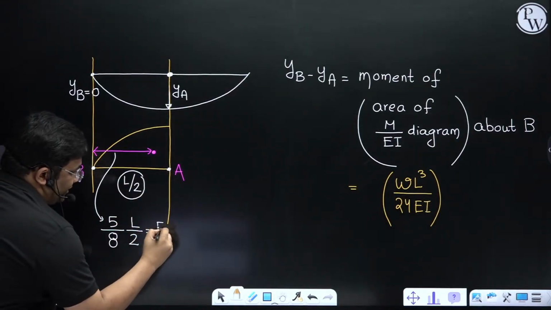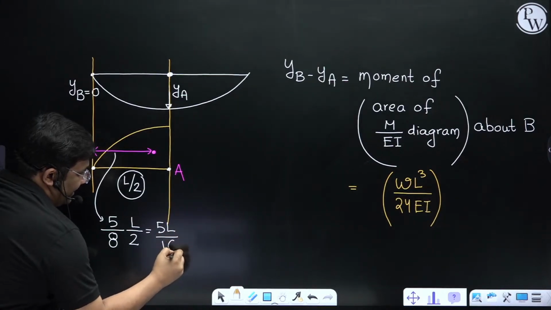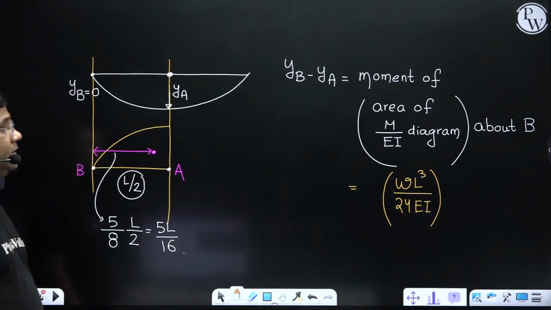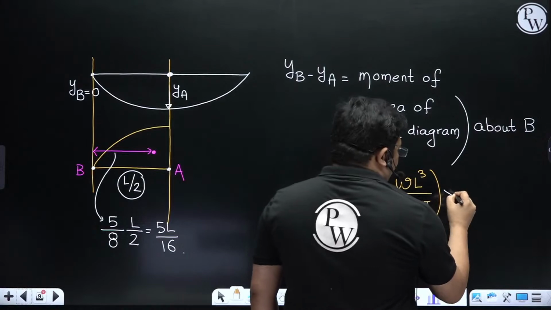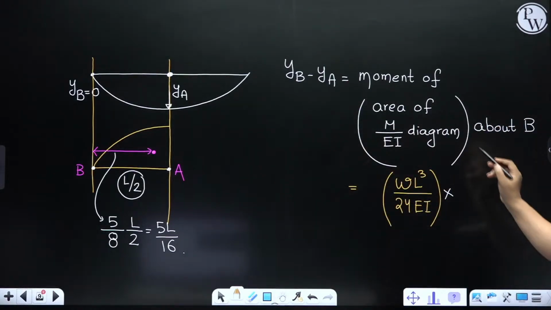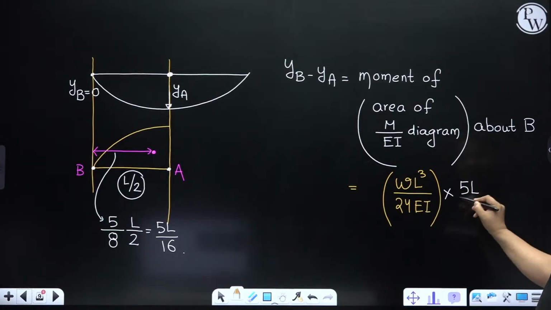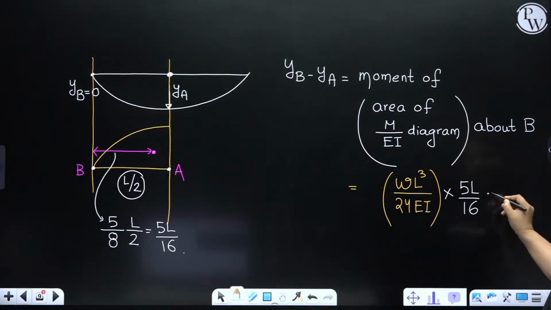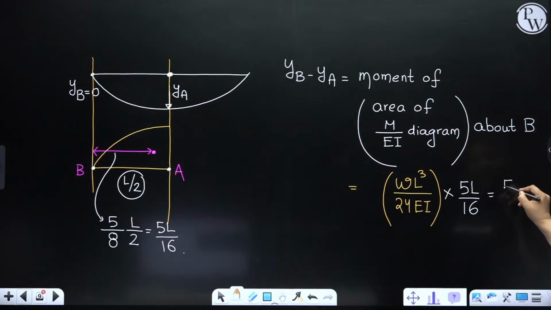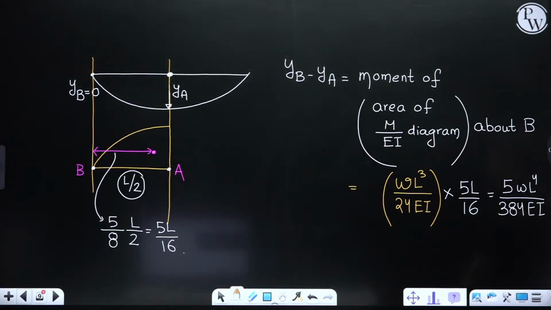So this becomes 5L by 16, right? So then what will I do? I will multiply this distance, because I am finding the moment. So 5L by 16, and how much are you getting? 5 WL to the power 4 divided by 384 EI. Understood how we found this?